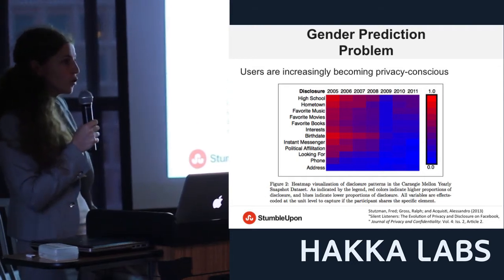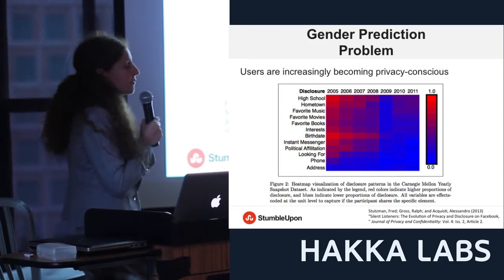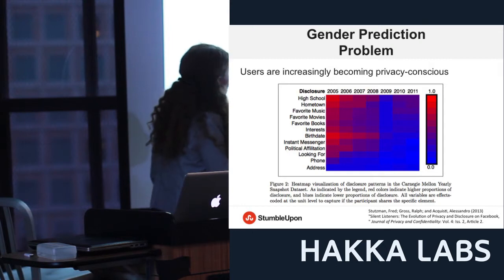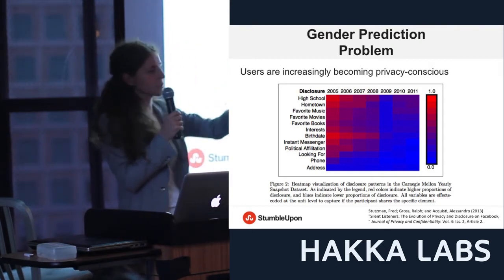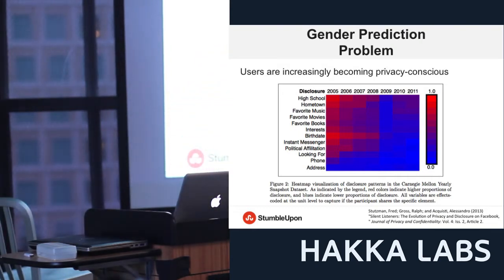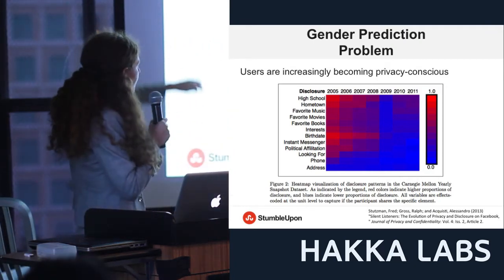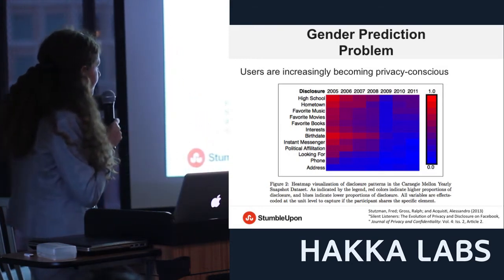People are more concerned now than in 2005 about disclosure of personal information. This is from Facebook. They monitored how the quantity of information that people give about high school, hometown, birthday, interests, and so on has changed. The blue is less dense, the red is a lot more information. And this is the heat map of how it went in the last few years.